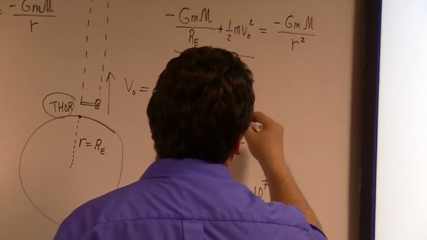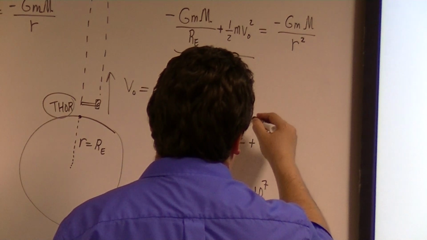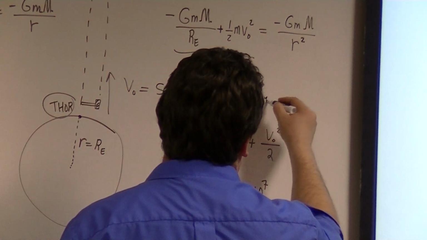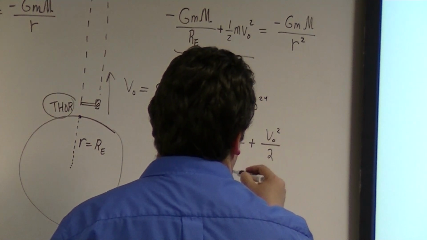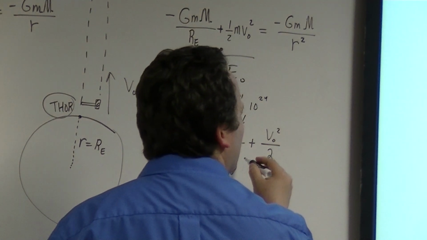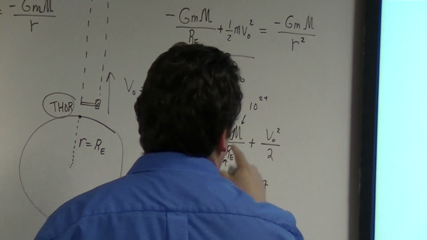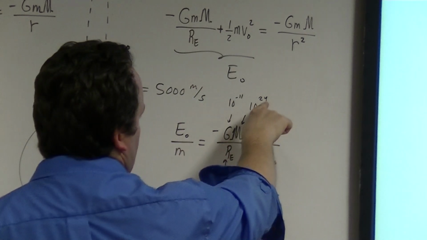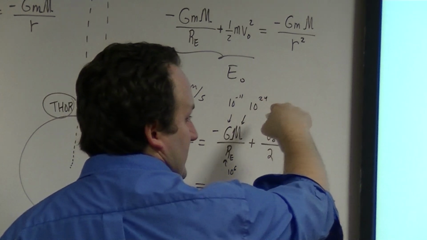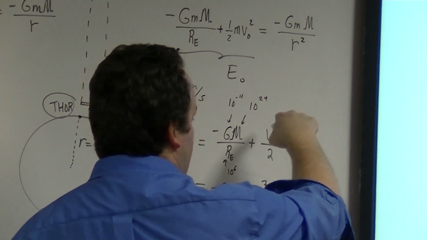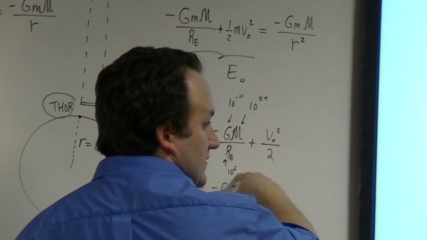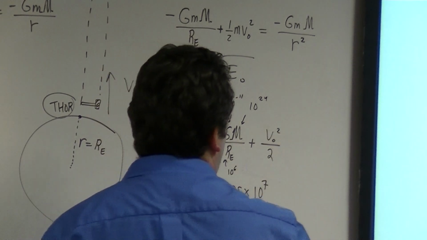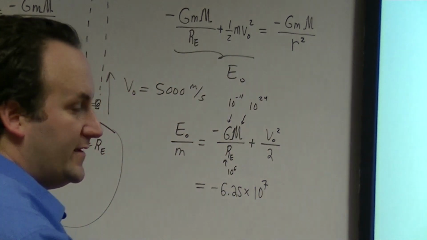G is 10 to the minus 11. M is, roughly speaking, order of magnitude 10 to the 24, right? Radius of the Earth was like 10 to the 6. So 24 minus 11 is 13, minus 6 is 7. That's ballpark, I think it's right.